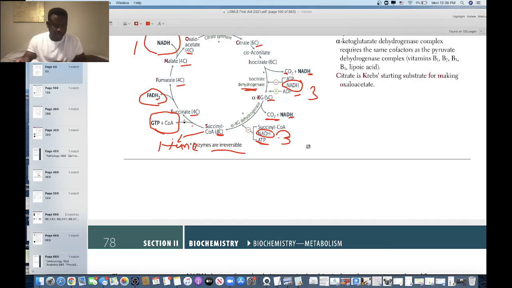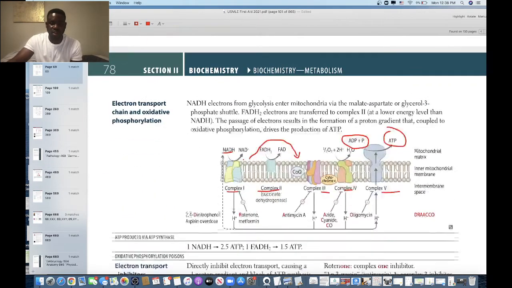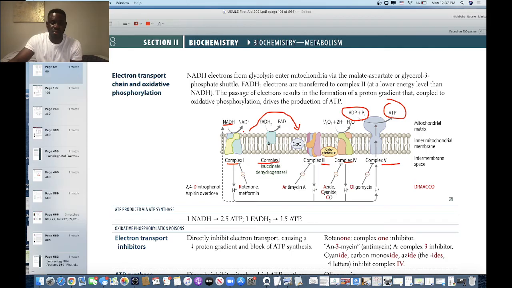Yeah, here. So here, we have succinate dehydrogenase, right? Good. So succinate dehydrogenase over here is the same as what we have over here, and they said it's in the mitochondrial membrane.